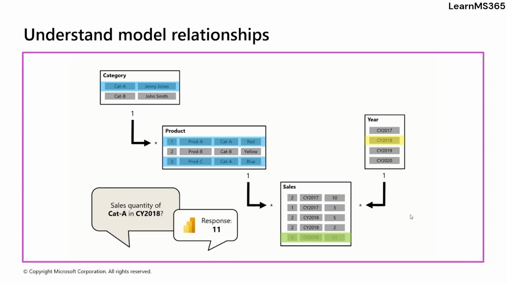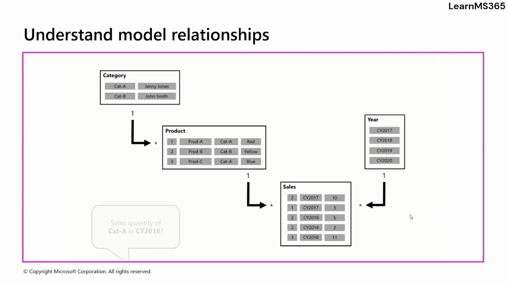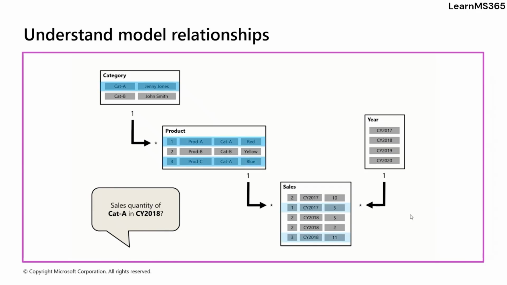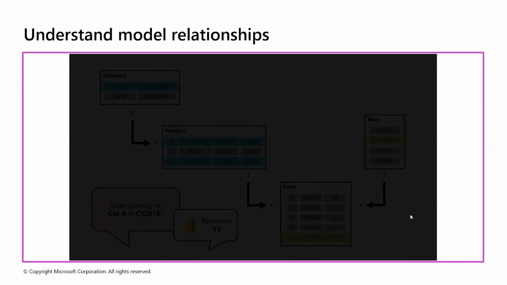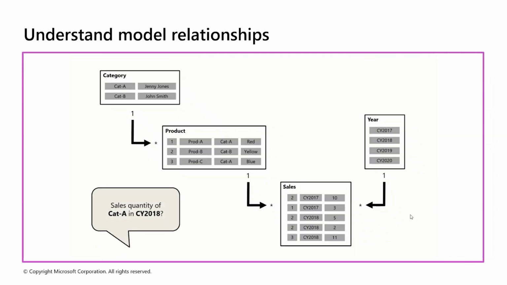Relationship paths are deterministic, meaning that filters are always propagated in the same way and without random variations. Relationships can, however, be disabled or have filter context modified by model calculations that use particular DAX functions.